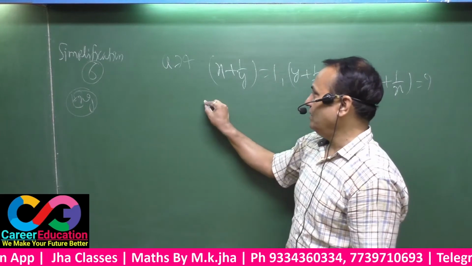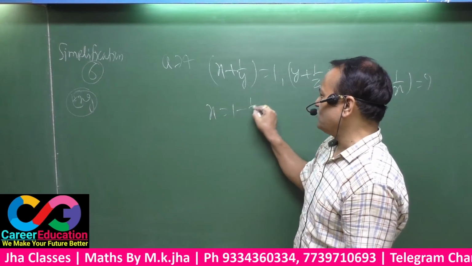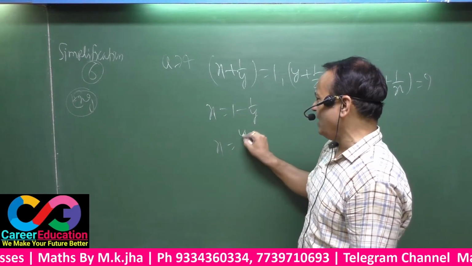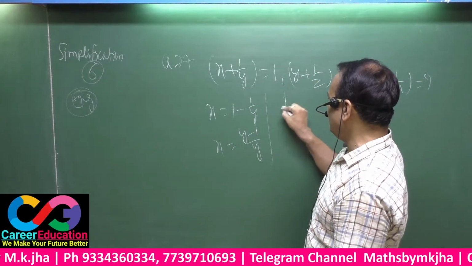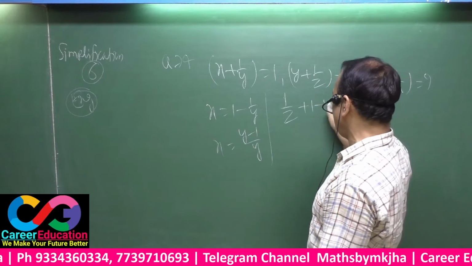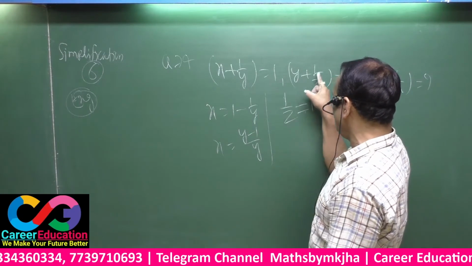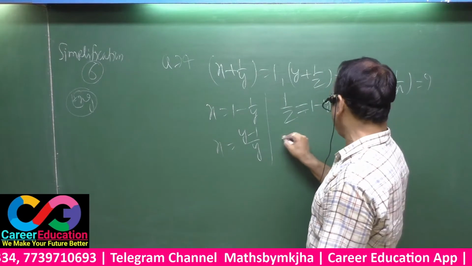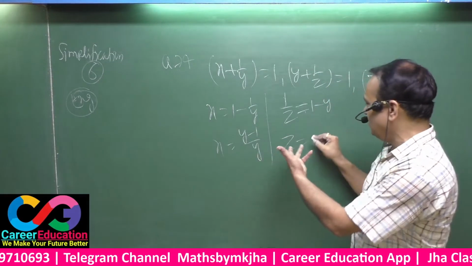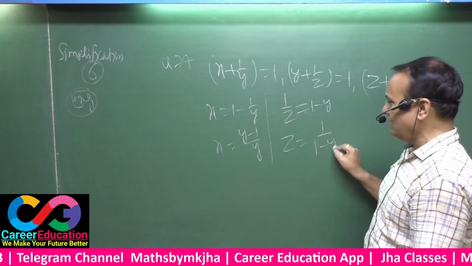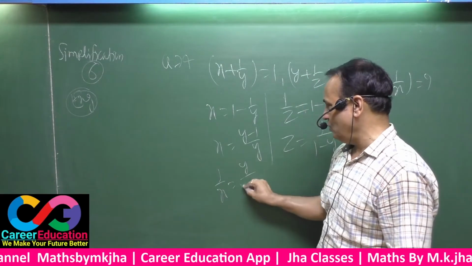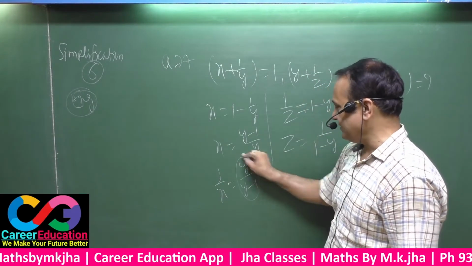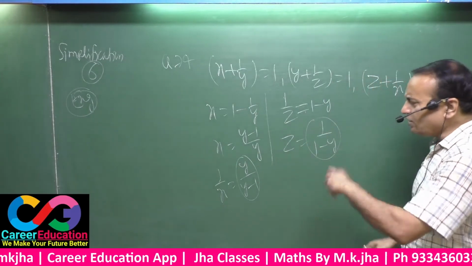See here, x equals to 1 minus 1 by y, x equals to y minus 1 by y. Similarly, 1 by z equals to 1 minus y, and you need only z, that is 1 by 1 minus y. You need here 1 by x, this will be reversed, y by y minus 1. See here, thus you got the value of z.